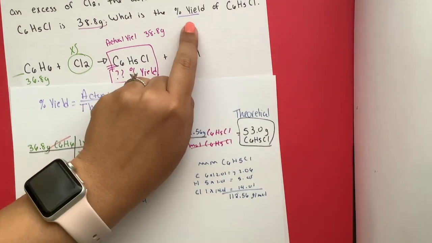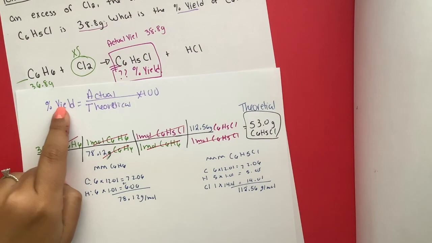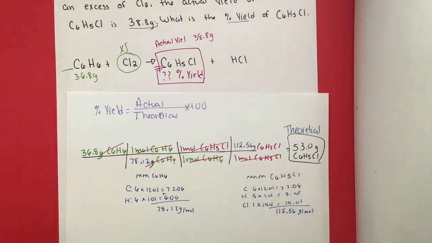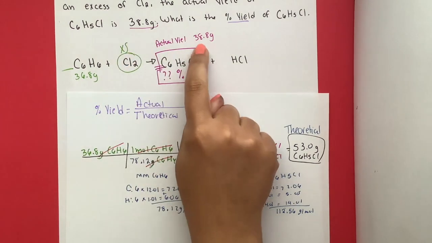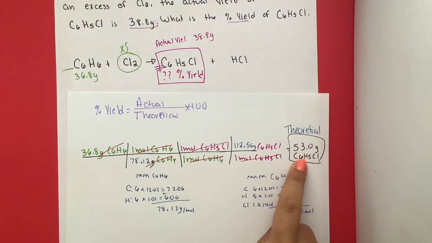Remember the question was asking me for percent yield. Percent yield is actual over theoretical times 100. The actual was given to me in the problem, 38.8 grams. Theoretical, I just figured out.